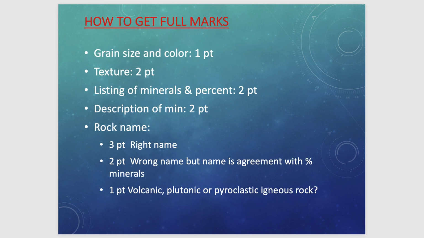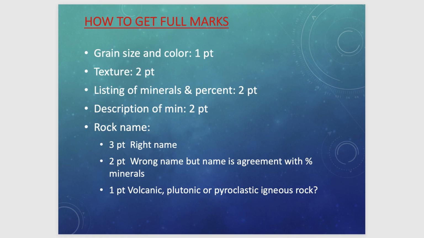In terms of marking, again, I really emphasize the importance of describing your specimens well. If you describe well things like grain size and texture, and you also recognize some of the mineralogy, that will be enough to get a good mark. If you also consider the nomenclature and do that properly, it will be even better.